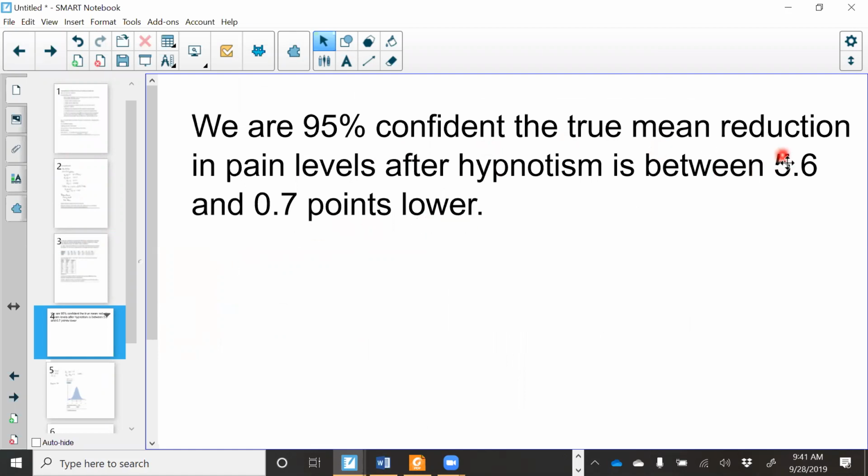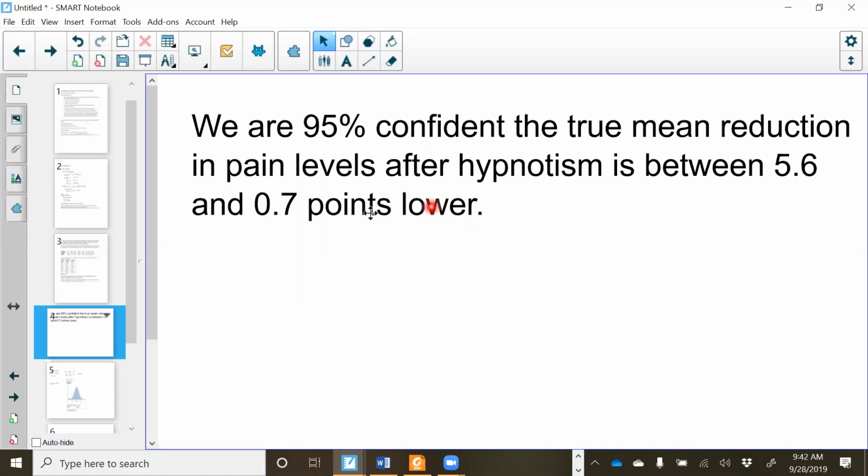Notice that way, because these are both negative, I was able to say that. If one were negative and one were positive, I'd have to say like between as much as 5.6 points lower and 0.7 points higher if that was a positive number. So a lot of it's context. Sometimes it's very awkward to say this correctly. Do the best you can with it.